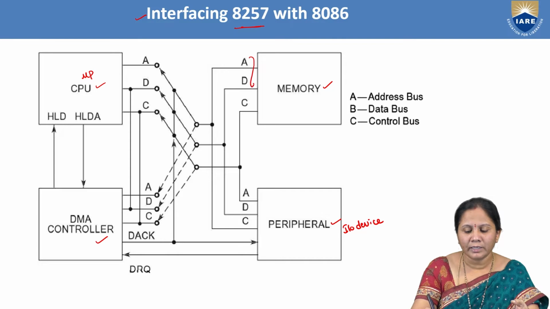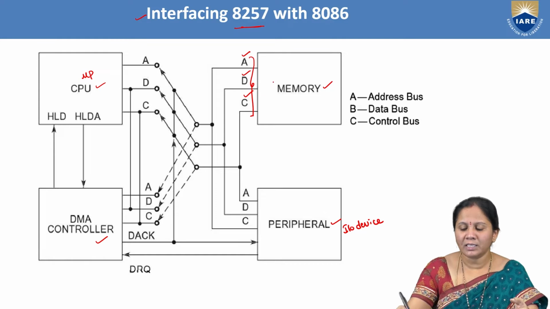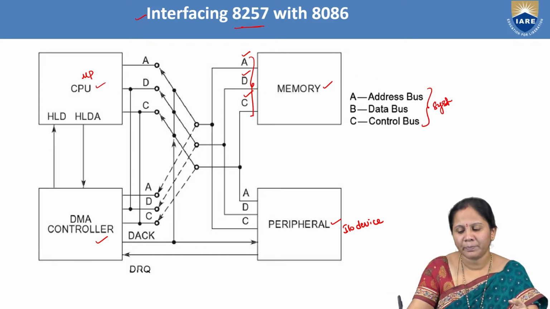And this A, D and C. This A line represents the address line which carries the address. This D signal represents the data line which carries the data, and this is C which is called the control bus. These three lines together are called the system bus.